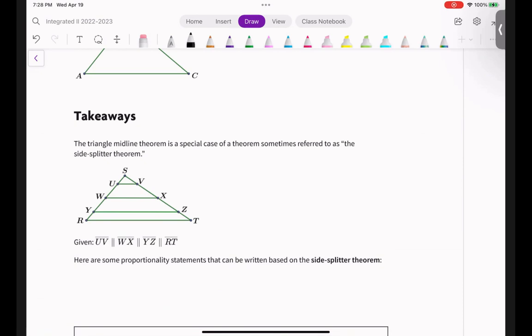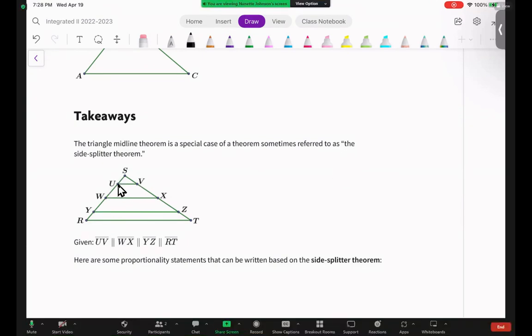Okay, so in here we have a triangle, and we get these sides that are parallel. So the side splitter theorem, if you remember, was when we connected the midpoints of 2 sides of a triangle, and we got proportional, and this was like half of it, right?